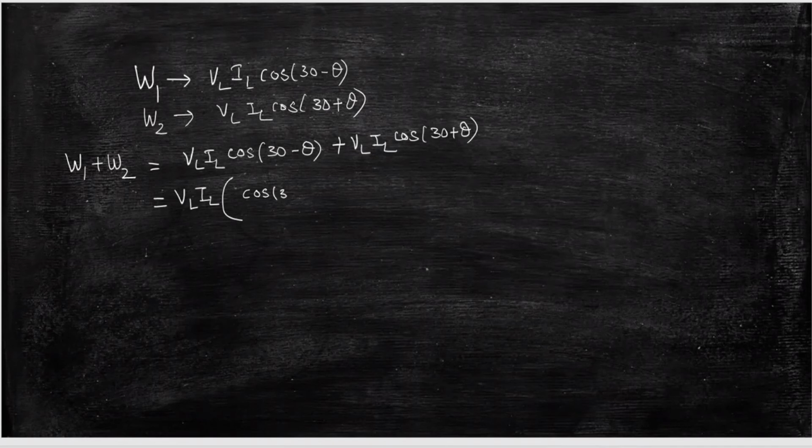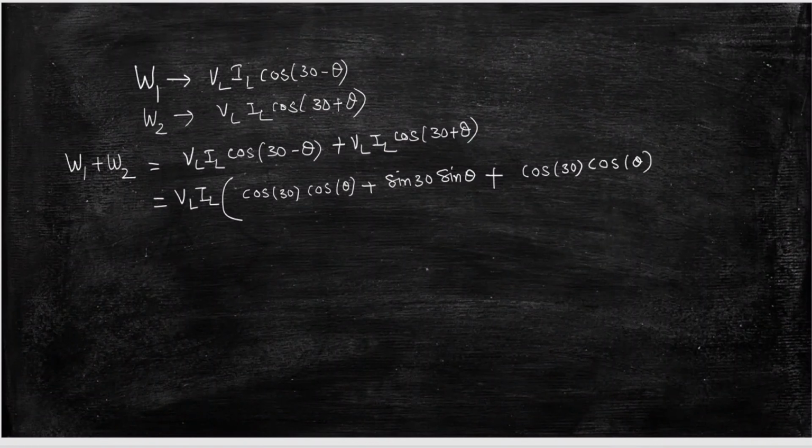Cos A cos B plus sin A sin B. So, cos 30 cos theta plus sin 30 sin theta, plus cos A plus B, which is cos 30 cos theta minus sin 30 sin theta.